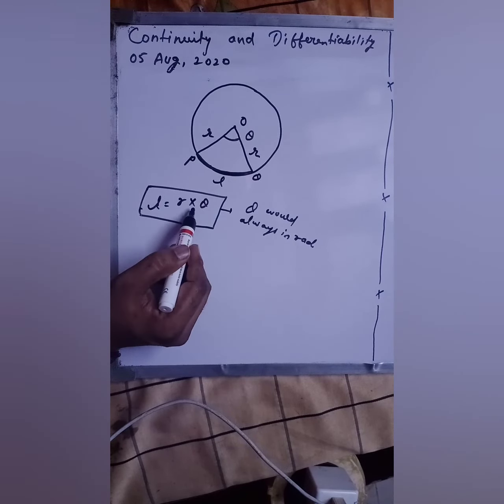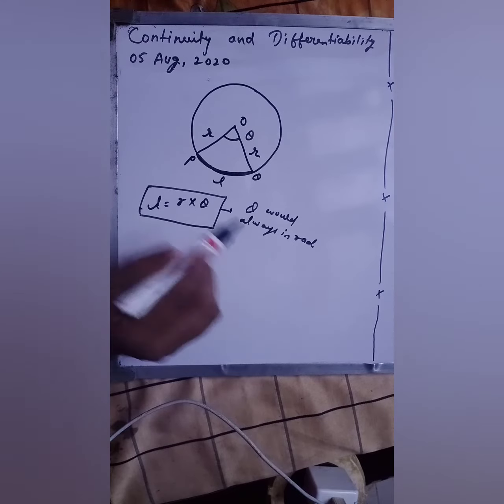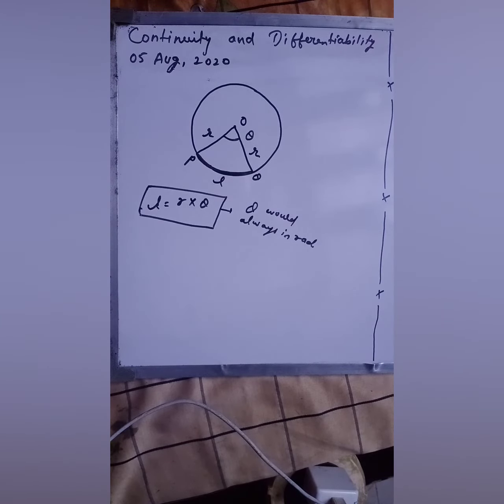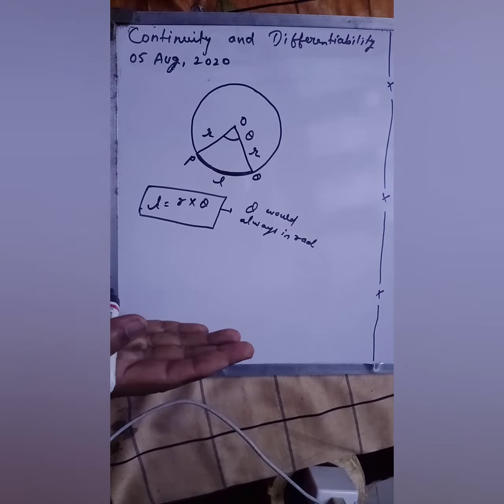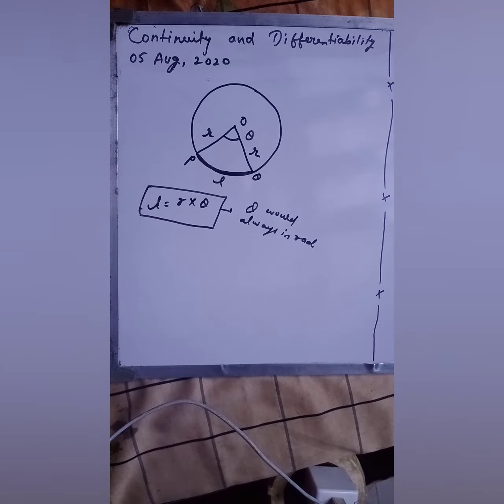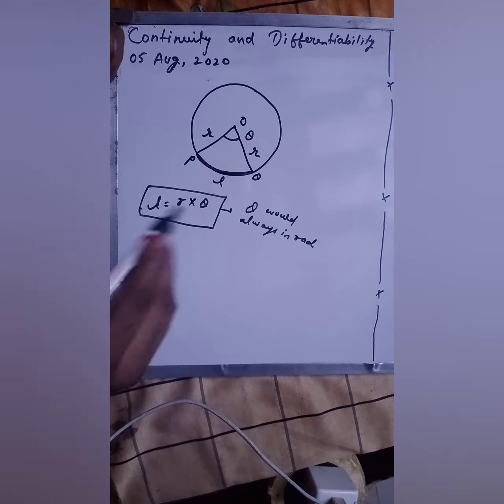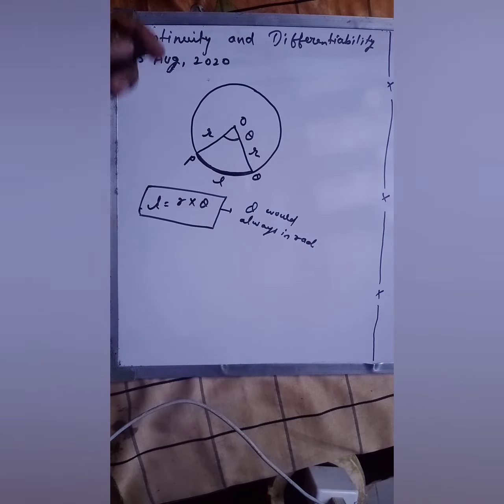So you can apply this formula only when theta is in radians. If it is in degree form, first of all you have to convert degrees into radians, then you can apply this formula. So this concept you will use in question number 4. So let's solve question number 4.